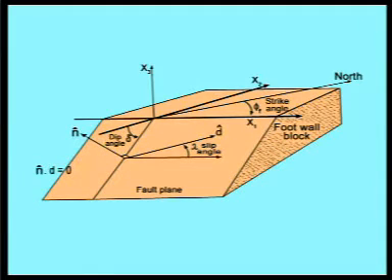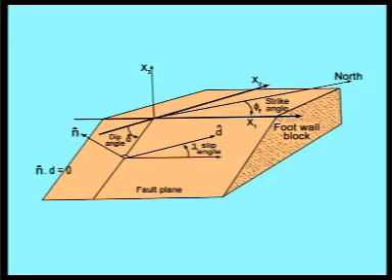If we see this figure, there are three quantities which explain the orientation of the fault plane. The strike is the line in the horizontal plane, while the dip is measured in the vertical plane. The slip angle is the angle which the slip makes on the fault plane, in the direction of slip.